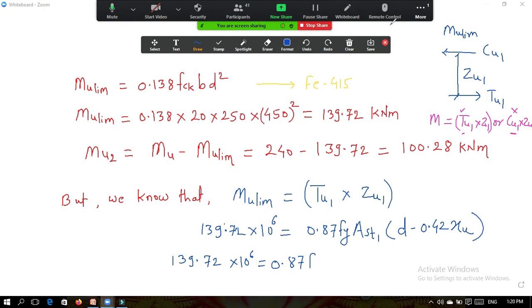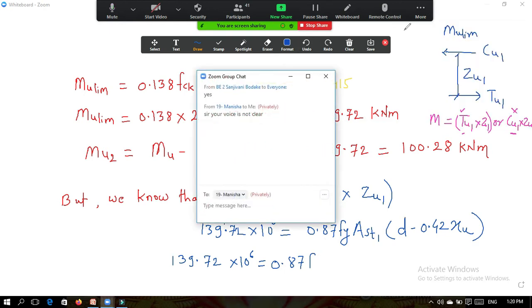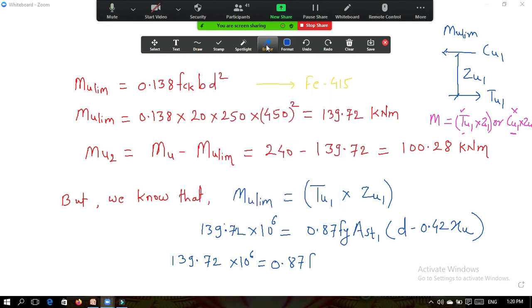What is the value of Fy? Maybe there is a network issue.